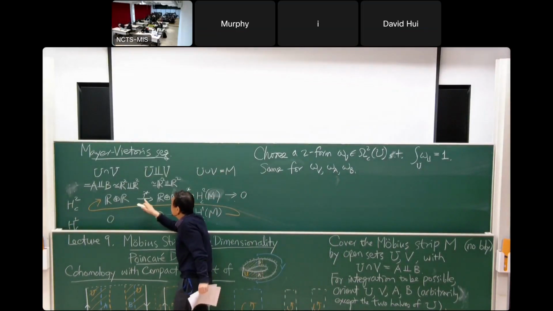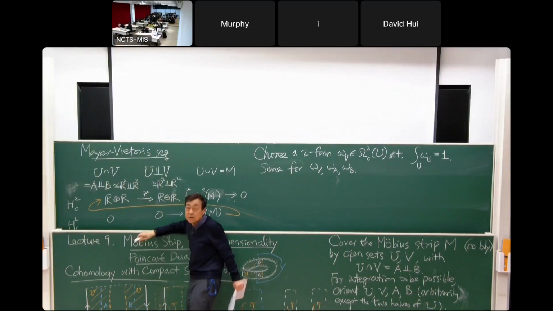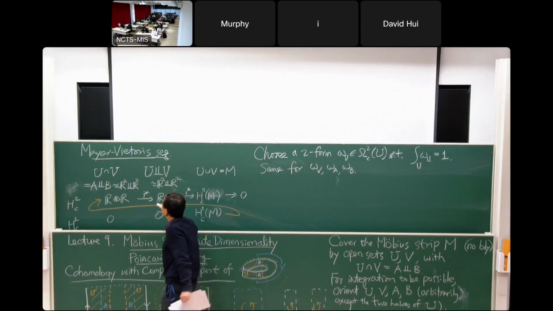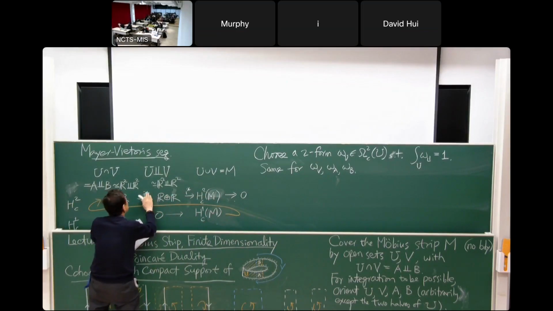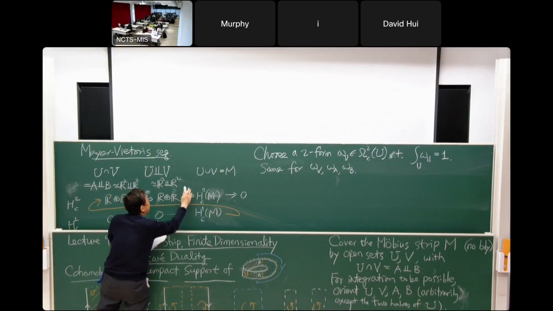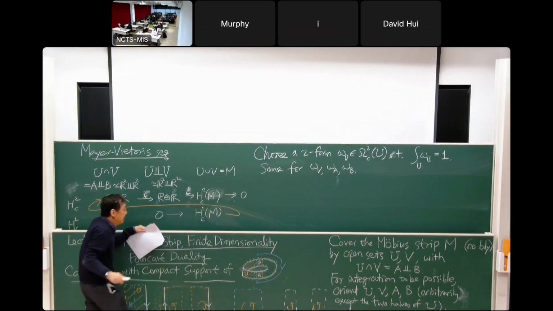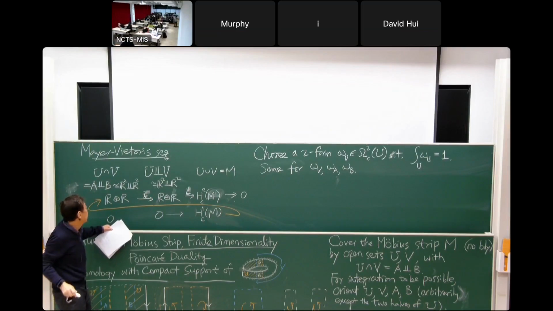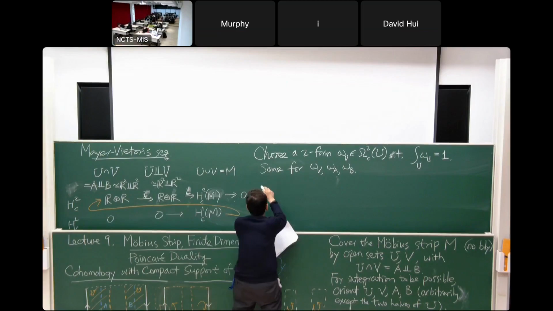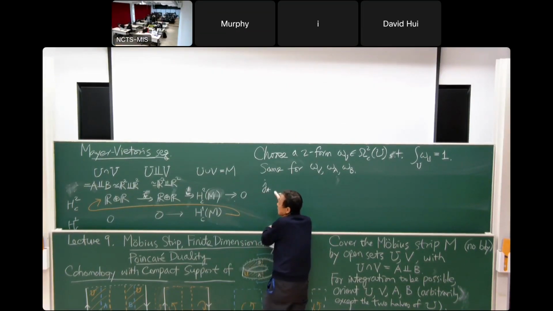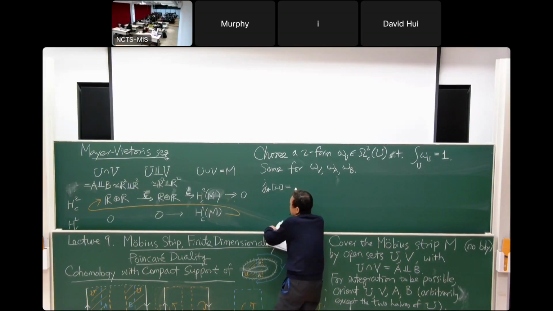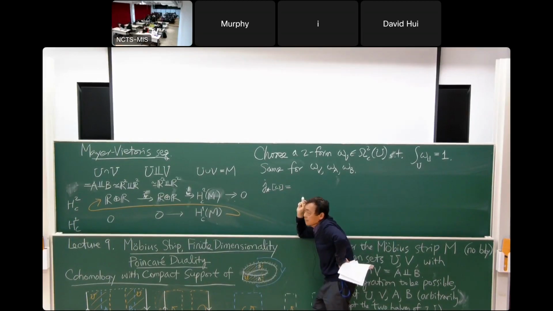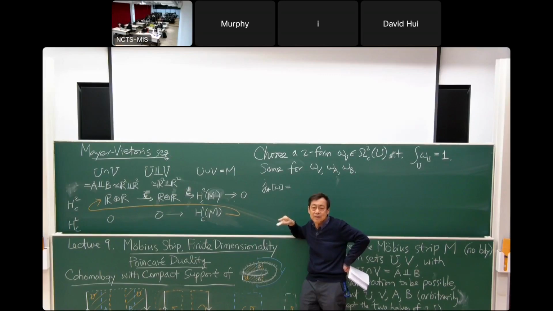And now we have to figure out what this J upper star is. Now, this is with compact support, so it should be J lower star and I lower star. And the definition of J lower star of a cohomology class: do you remember what J lower star is with compact support?